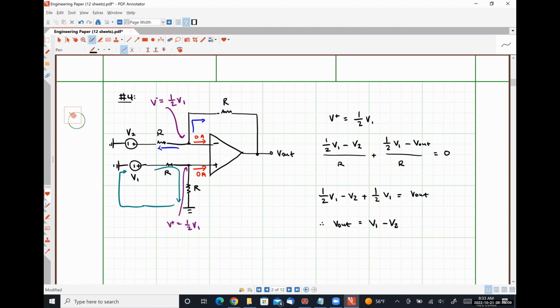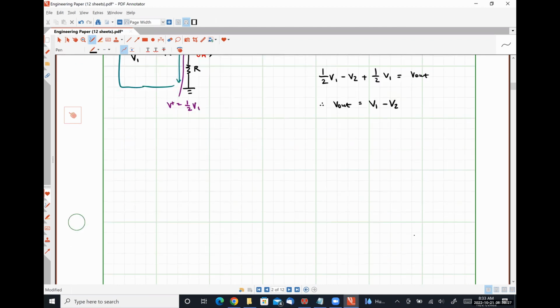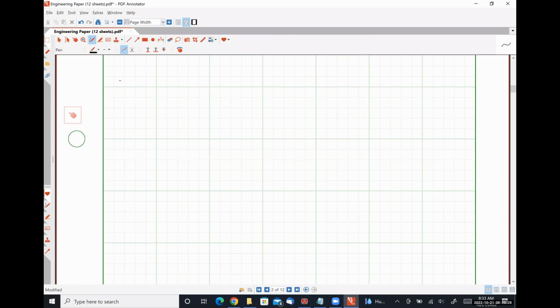We can do the calculus operations of differentiation, or taking the derivative of an input signal, and integration of an input signal just using a single op-amp. So let's look at our last two circuits.